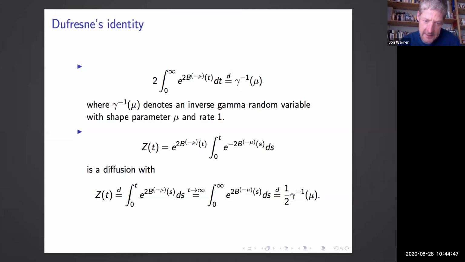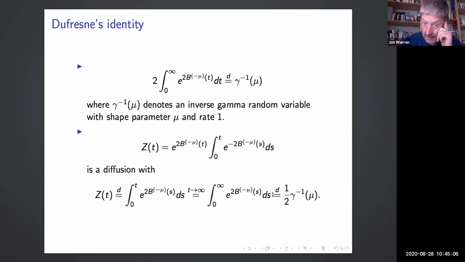Then you get that Z_t has the same distribution as this integral from 0 to t of the exponential of the Brownian motion. As you send t to infinity, that turns into the infinite integral, because there's nothing inside the integral that's varying with t. So that convergence as t goes to infinity is a trivial one.